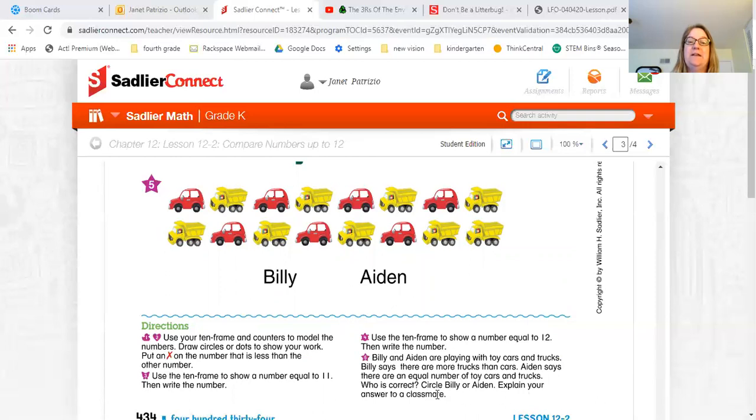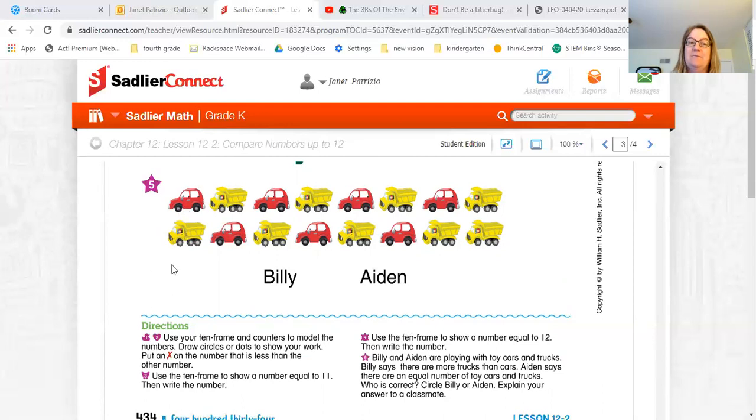And then you're going to explain your answer to a family member. So think about how we can solve this problem. Billy says there's more trucks than cars. Aiden says there's an equal number of cars and trucks. So the first thing you'll need to do is count how many cars there are.